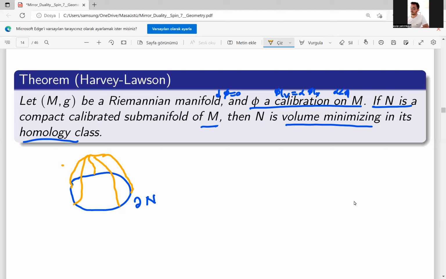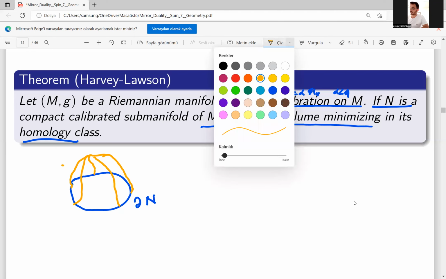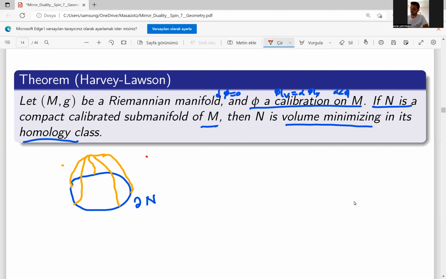And we can define another manifold with this boundary. Okay, I mean you can shrink a little bit. Okay, but here this is the boundary.